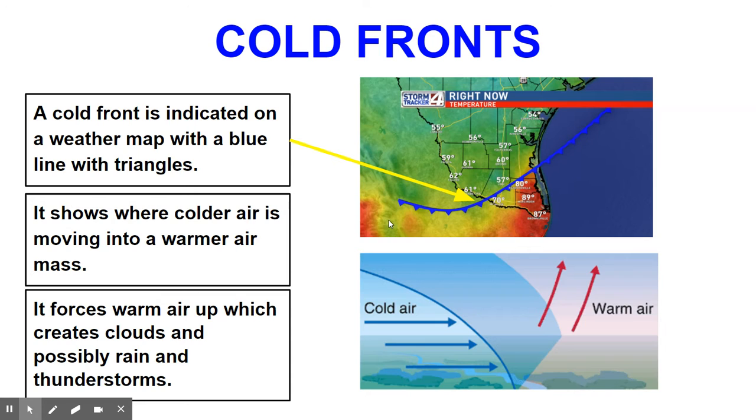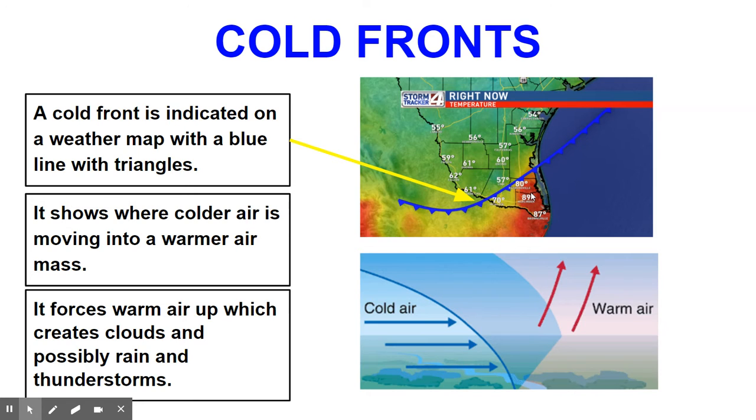You'll notice here we've got the temperature here in Brownsville, Harlingen, and Raymondsville in the 80s, 89 and 87. Behind the front, you can see that the temperatures have drastically decreased into the 50s and 60s. So you can predict, because these triangles are pointed to the south, that in the future for Brownsville, Harlingen, and Raymondsville, it's going to get colder.